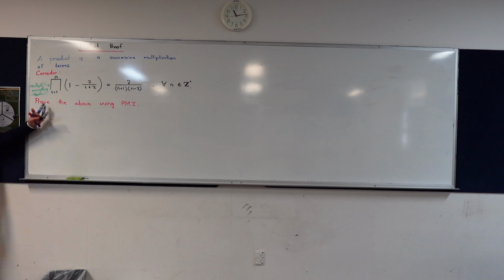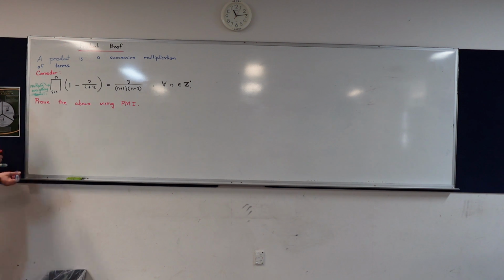Okay, so what we're going to do is use this as an example of how you can prove product proofs. Again, I don't believe this is part of our course this year, but we're doing it because we've got time and it will help you immensely for next year if you see it once at least this year. So we're going to prove this.